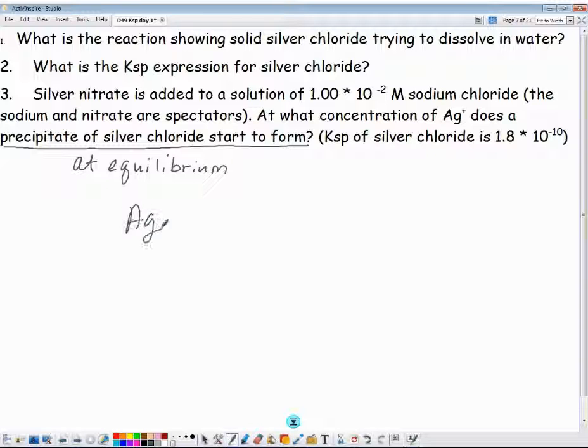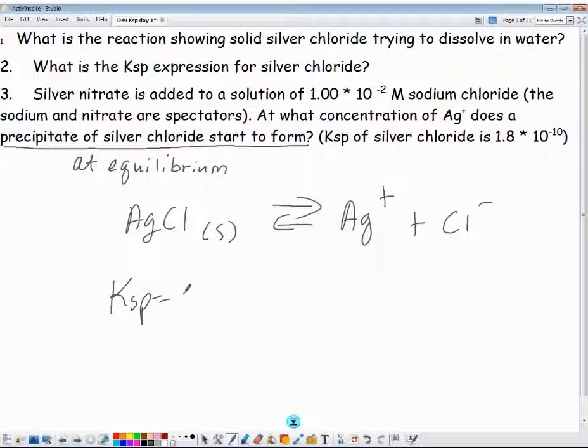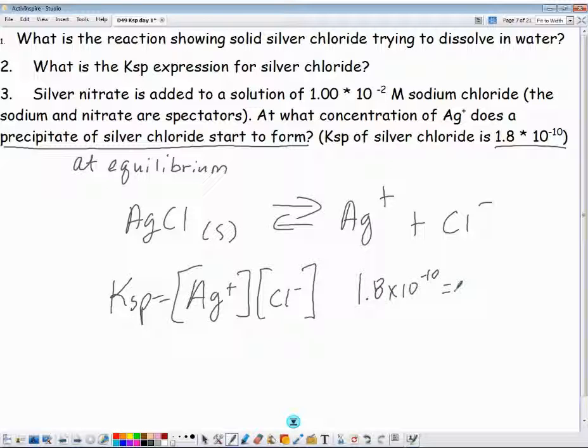Silver chloride, solid, in equilibrium with silver ion and chloride ion. The KSP expression is silver ion in brackets times chloride ion in brackets. KSP of silver chloride is 1.8 times 10 to the minus 10. I'm looking for the silver concentration.